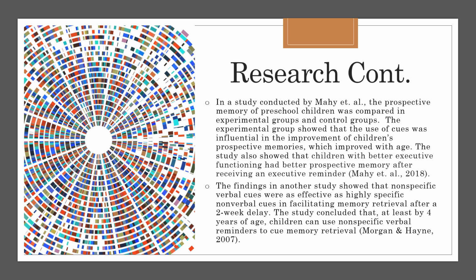The findings in another study showed that nonspecific verbal cues were as effective as highly specific nonverbal cues in facilitating memory retrieval after a 2-week delay. The study concluded that at least by 4 years of age, children can use nonspecific verbal reminders or cues to cue memory retrieval.